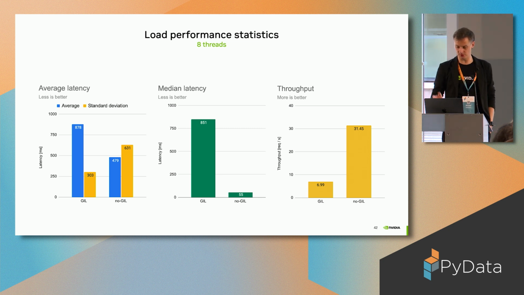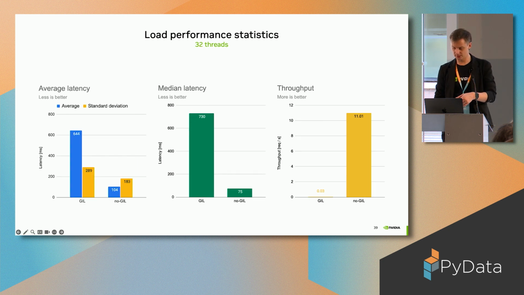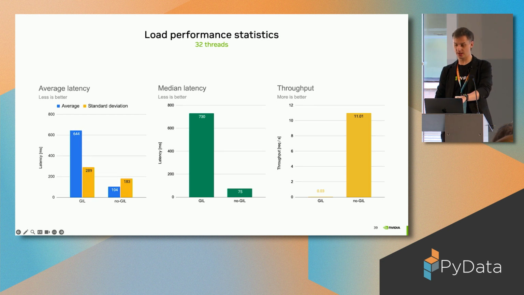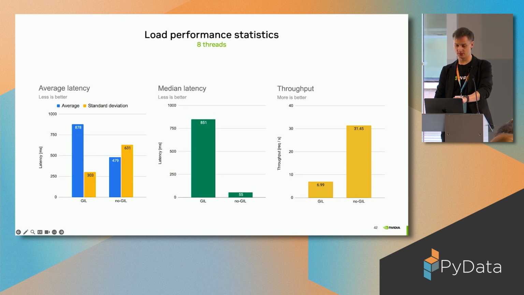And if we compare this to the previous one, we see that the throughput of the GIL case is higher, and the throughput of the no-GIL case with 8 threads is also higher. Oh my god.